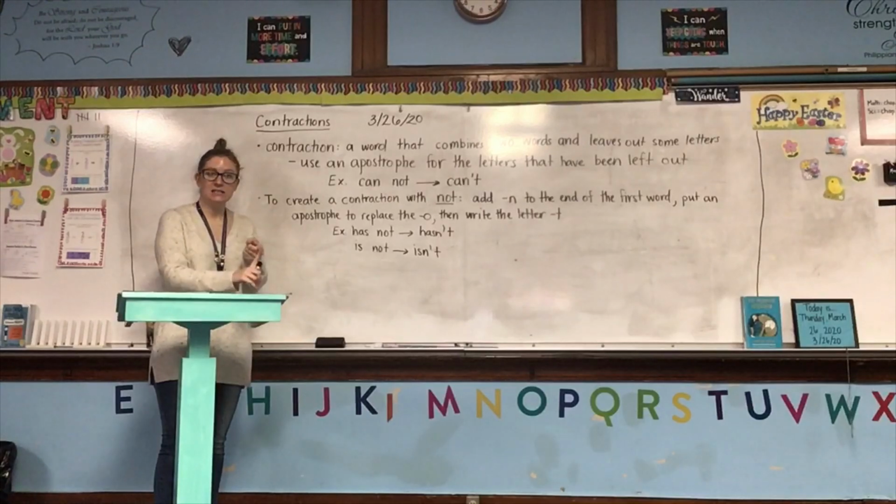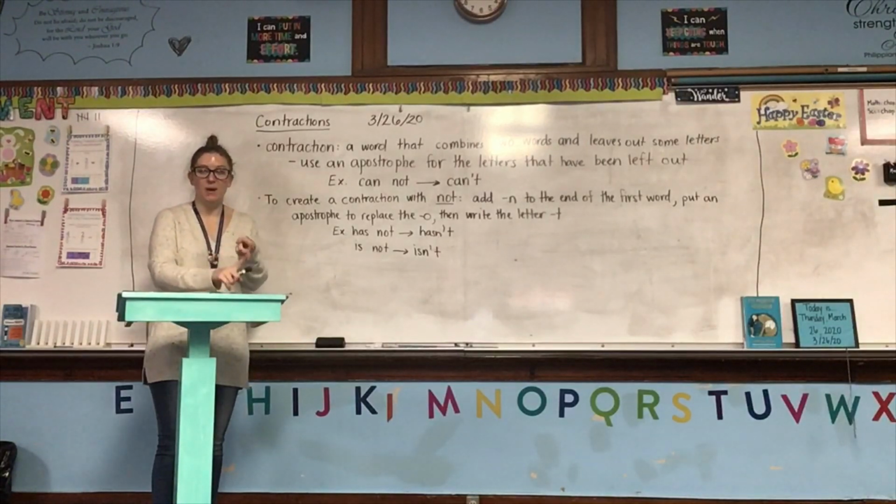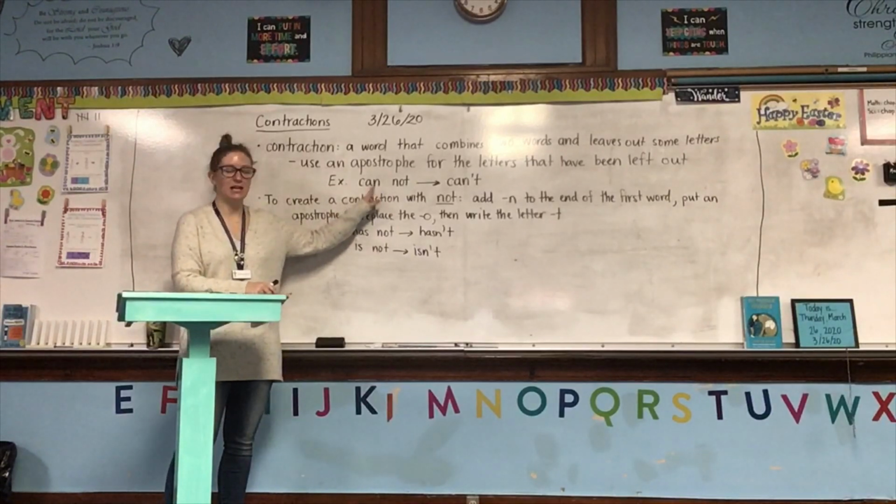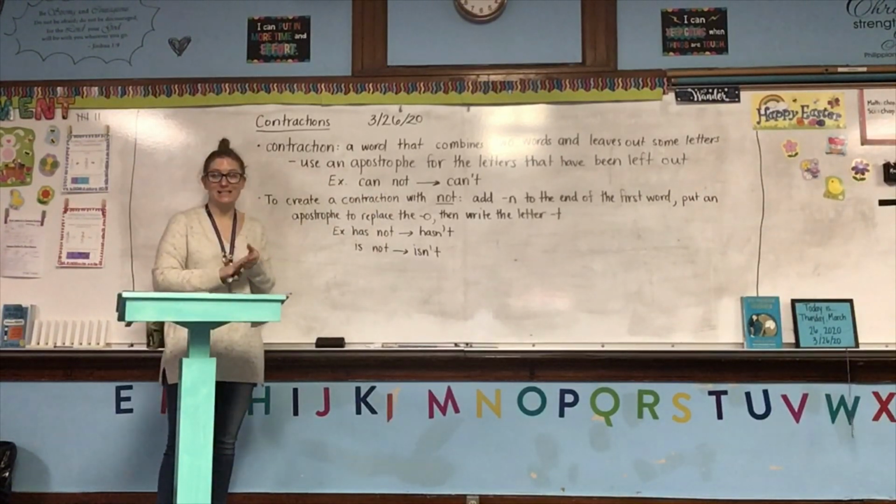Just add an N to the end of the first word, put an apostrophe to replace the O, sometimes the N if your first word ends with N, and then put a T.